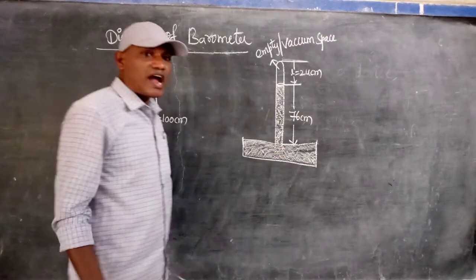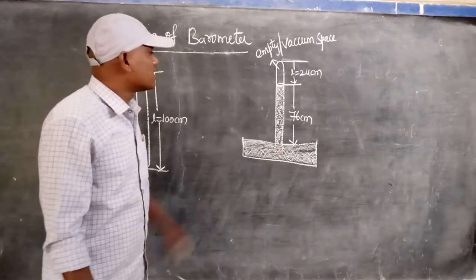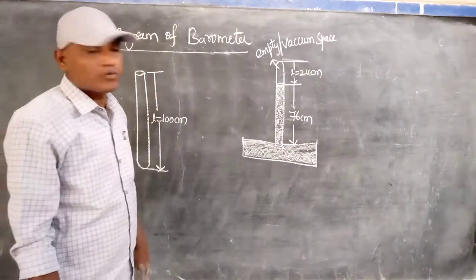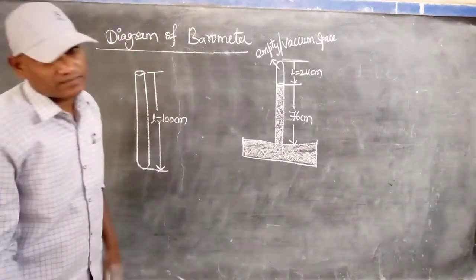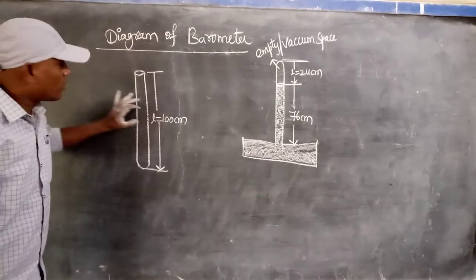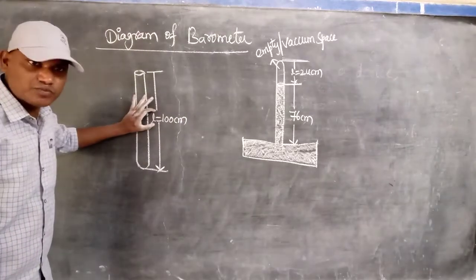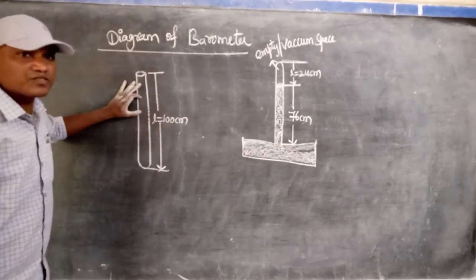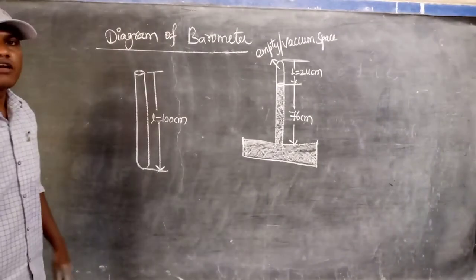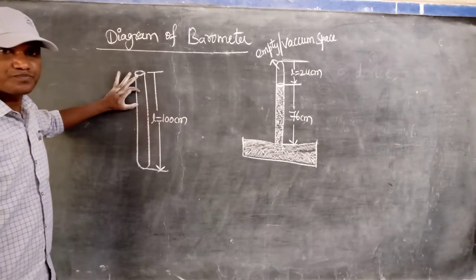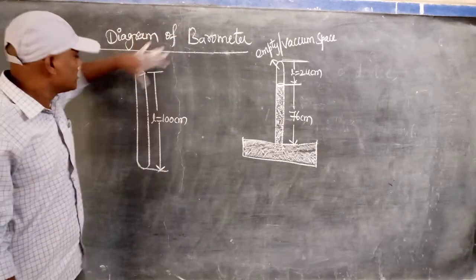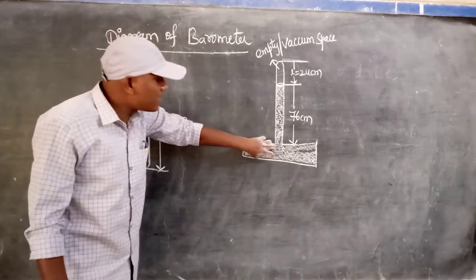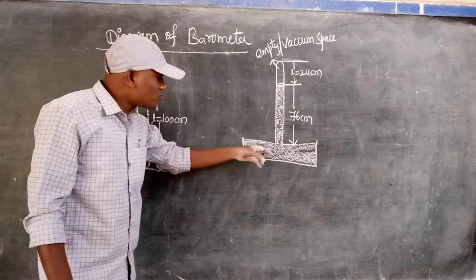Remove our finger. At that time, you observe that some of the mercury level falls down in the barometer. So what is the barometer? A 1 meter length of glass tube, one end closed, another end open, completely filled with pure mercury without any air, without any gap. This barometer we place in inverted mode in a mercury trough, which is also mercury.